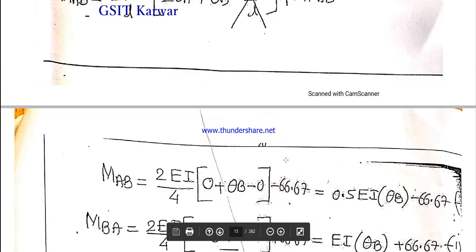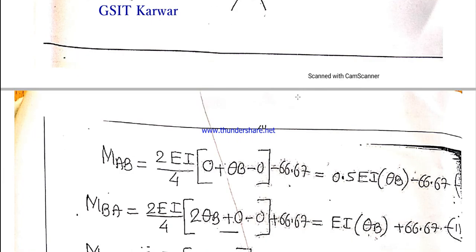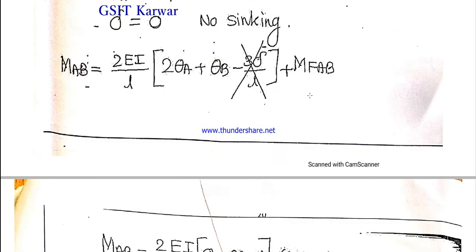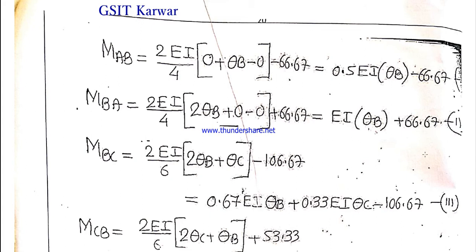And here, this is the fixed end moment AB. We already calculated fixed end moment AB, so you can directly substitute it here with sign. Solving this equation, you are getting the answer with EI theta B. Keep this as it is, and this is given as equation number 1.